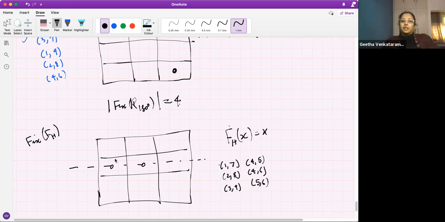The point is anything on the reflection axis doesn't move. When you do a reflection, all points on the line of reflection stay the same. So if you take any 2 points on the line of reflection, they're all going to be fixed by that reflection.